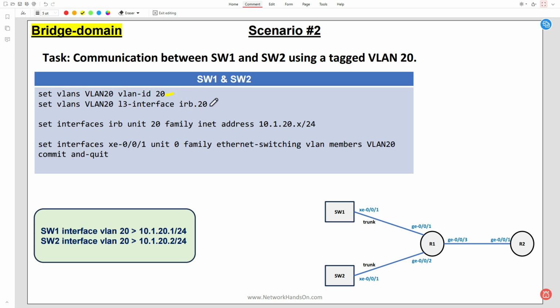Its layer 3 interface, we will bind for this VLAN, and we will configure the layer 3 interface. For switch 1 we will use .1, for switch 2 we will use .2, and then we will simply allow the VLAN on these ports, switch 1 and switch 2. We will commit and quit.